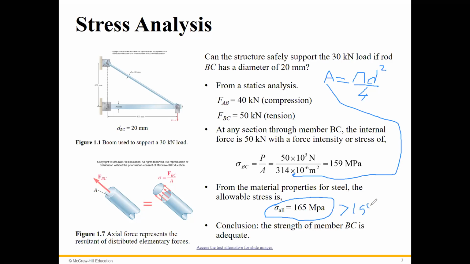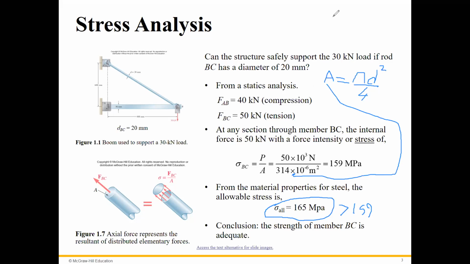So that's okay, which means the member is adequate, is proper. If we find the stress and it's greater than 165, then the member with this 20 millimeter diameter is not good.